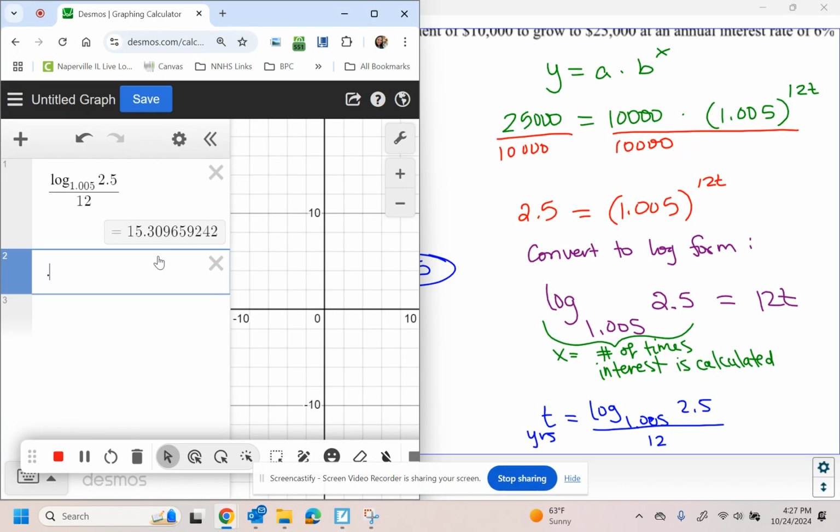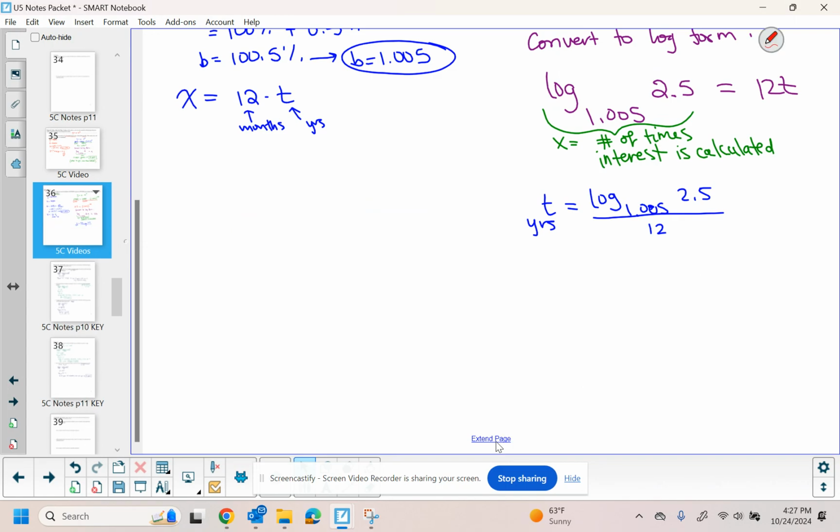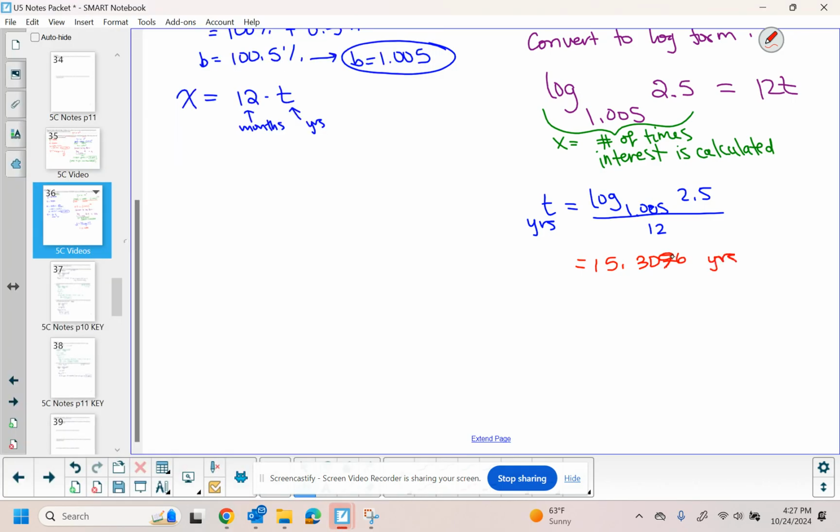So 15.309 years. And 0.309 times 12 gives me like 3.7 months. So 15 years and 3 months. 3.7 months, so 15 years and 4 months. Is that the right number? 15.309 years, which turns into 15 years, and 0.309 times 12 gives me 3.7 months.